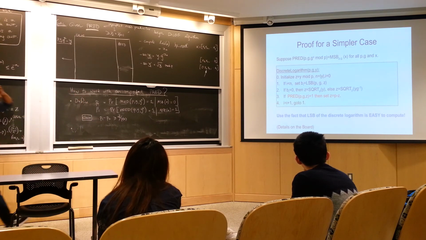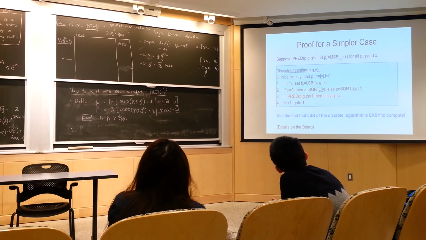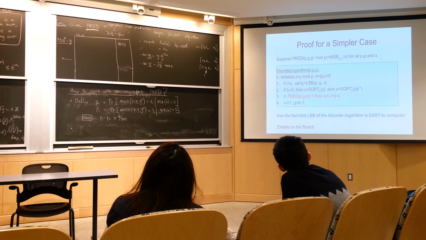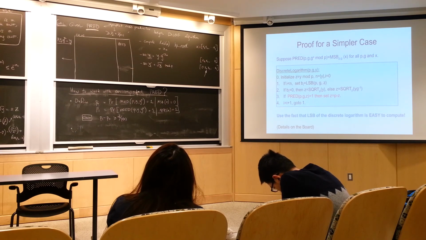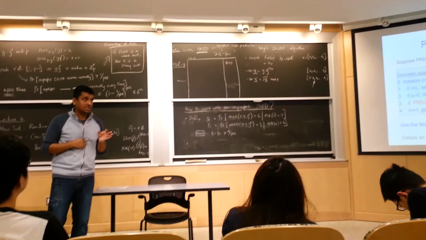But that doesn't help me very much, yes? Because P0 and P1, they're different, but what are P0 and P1? I need to know these guys to work with this adversary, yes? The good thing is that I can estimate these quantities.